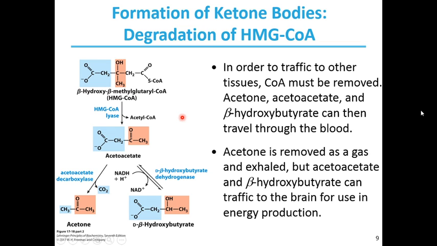Once acetoacetate is formed, it gets converted to acetone by the action of acetoacetate decarboxylase and to D-beta hydroxybutyrate by the action of D-beta hydroxybutyrate dehydrogenase. Acetone is removed as a gas, as I said before, and exhaled, but acetoacetate and beta hydroxybutyrate can traffic to the brain for use in energy production.